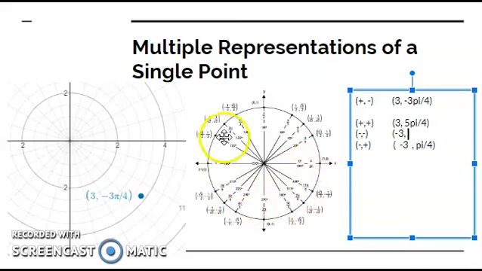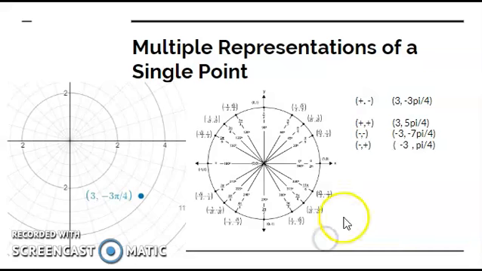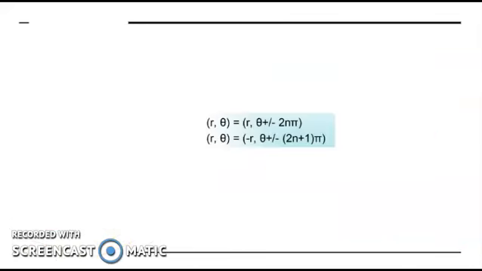Clockwise all the way to pi over 4 would be negative 7 pi over 4, since this is 4 pi over 4, this is 2 pi over 4, and this is 1 pi over 4, except it's negative because it's in the clockwise direction. And these are all our representations of our original point, 3, negative 3 pi over 4.